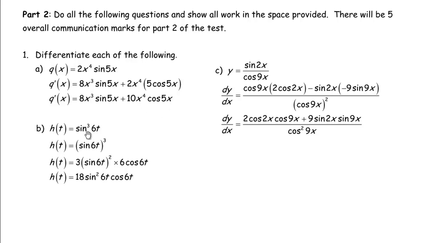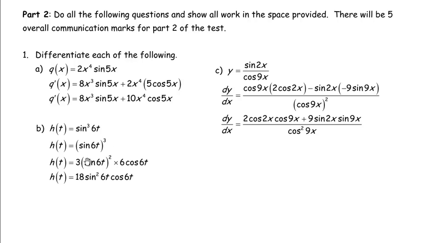For B, h of t is sine cubed 6t. And so that cube means it's actually sine 6t all cubed. And so this is actually going to be chain rule because it isn't just t to the power 3 we're differentiating. It's a function of t to the power of 3. So I start with differentiating the outside function.